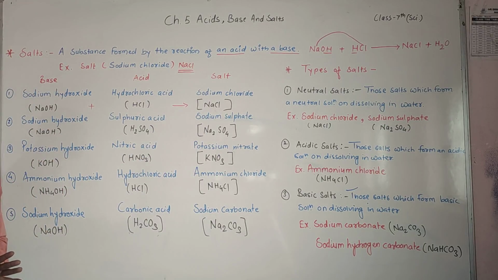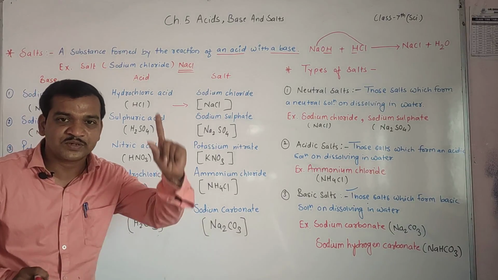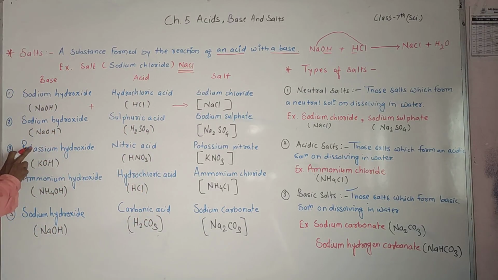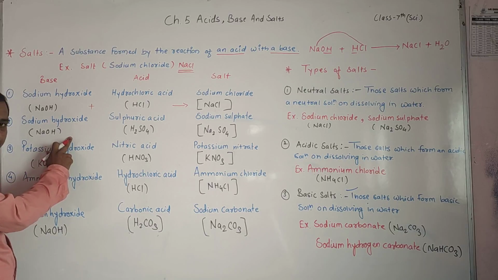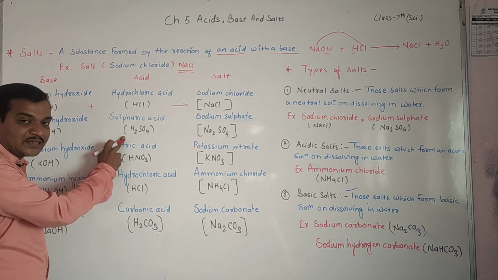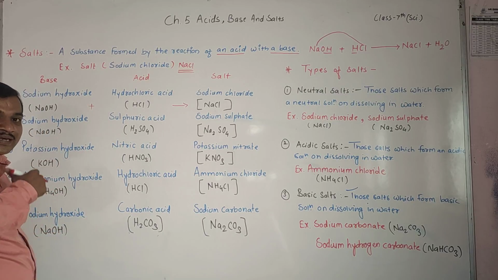Yes or no, students? So this is very simple, students. It means to get salts we need one base and one acid. Now second example, when sodium hydroxide reacts with sulfuric acid, how to read that?